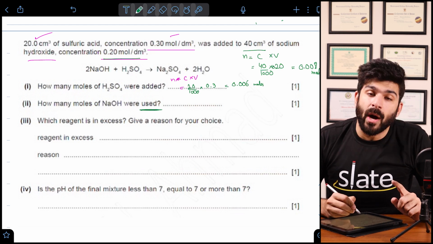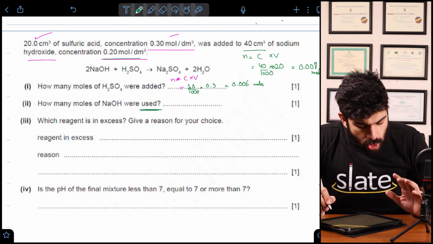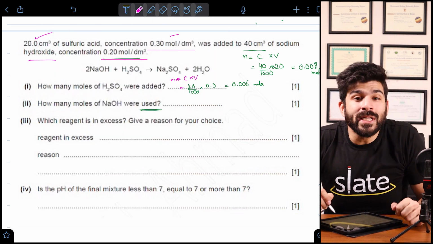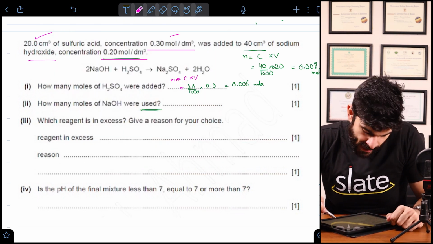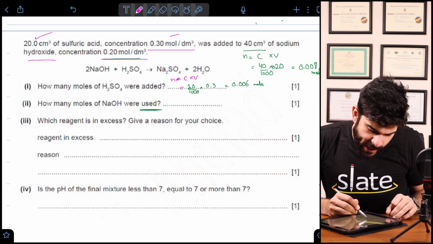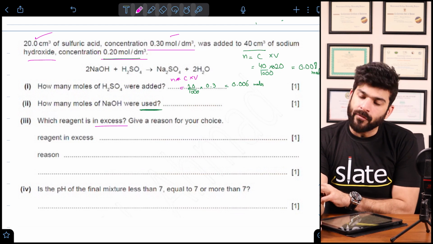They've asked about the moles being used. So students, here we need to first see which one is the limiting reactant, which one is the excess reactant. Again, that's the next question. Which reagent is in excess? Give a reason for your choice.